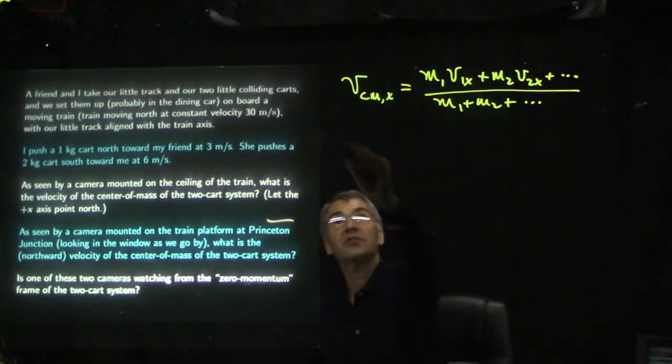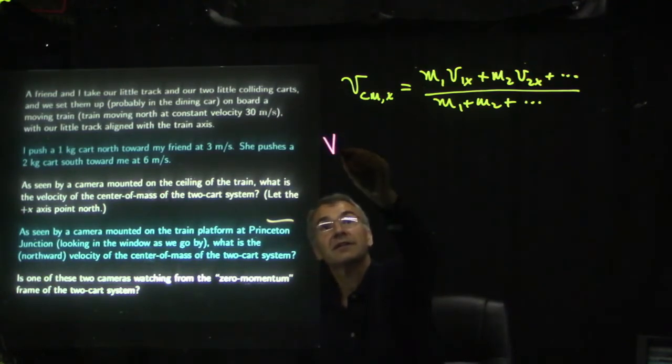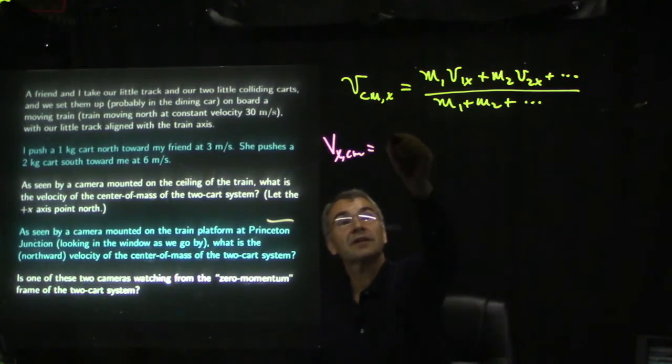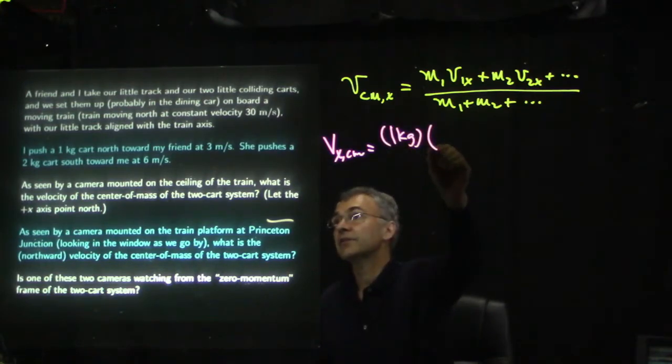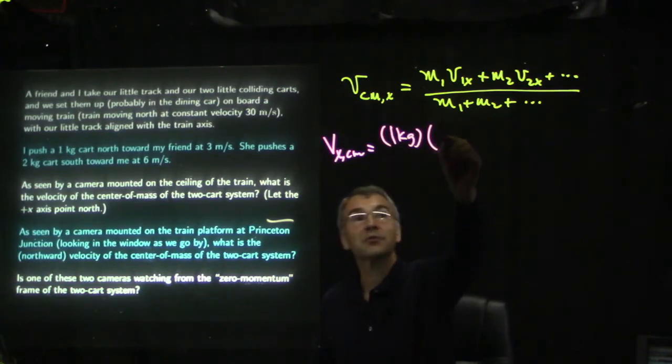Well, I would say v_x,CM is, okay, so m1 is 1 kilogram, and v_x1 is plus 3 meters per second. Right, I push it north, so north is plus 3 meters per second.